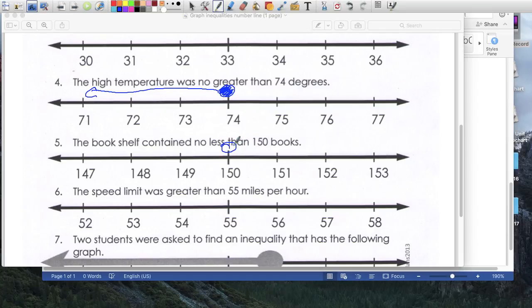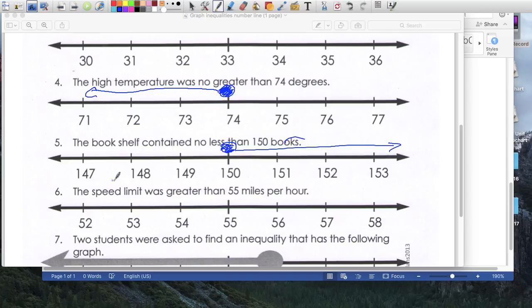So it's going to have 150 or more, which means it's this way. No less is another way of saying the minimum amount. The smallest amount of books on the shelf is 150. It's going to have 150 guaranteed and higher.